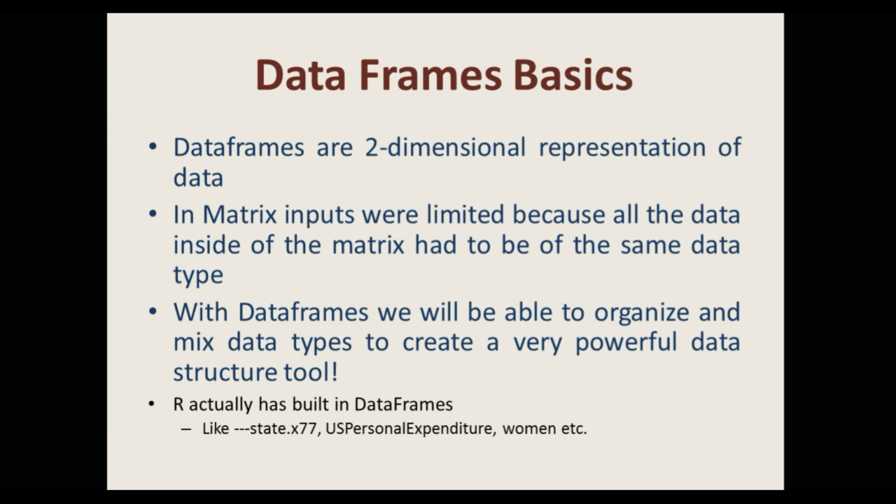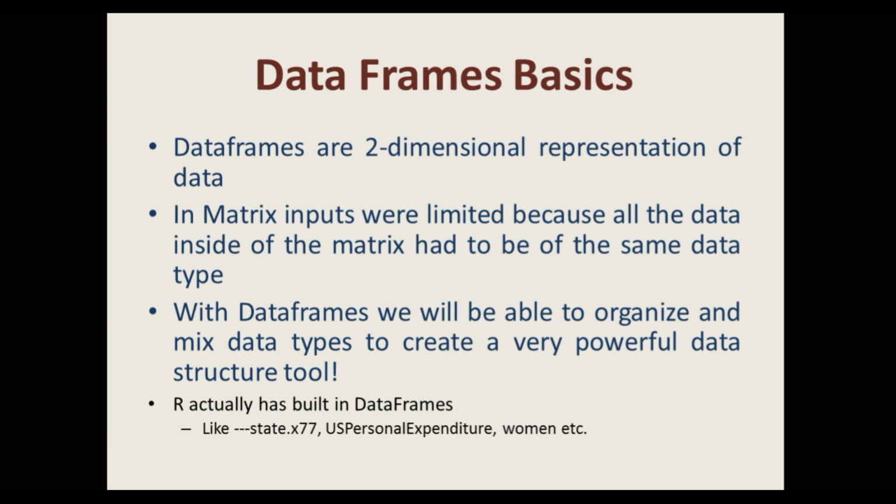This is the basic introduction about data frames. Just like a matrix, a data frame is also a two-dimensional representation of data, but a matrix can only have homogeneous data, that is, all the data must be of the same type, whereas in data frames the data can be of different types in different columns.